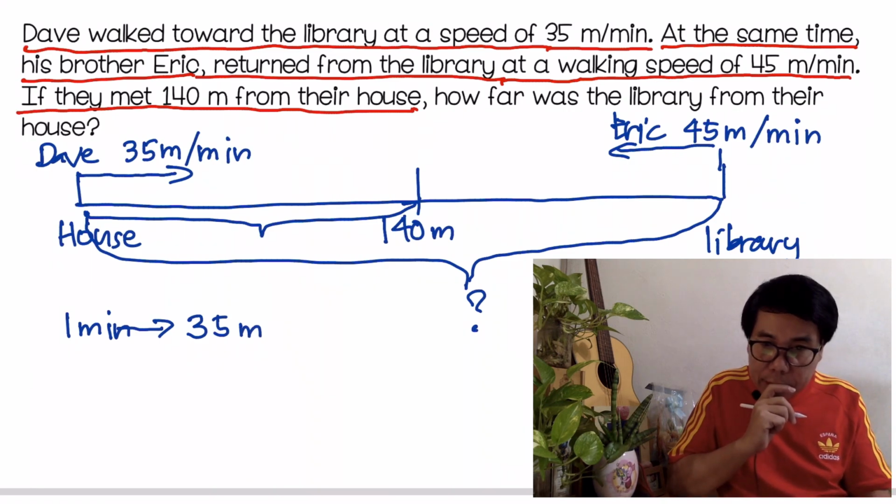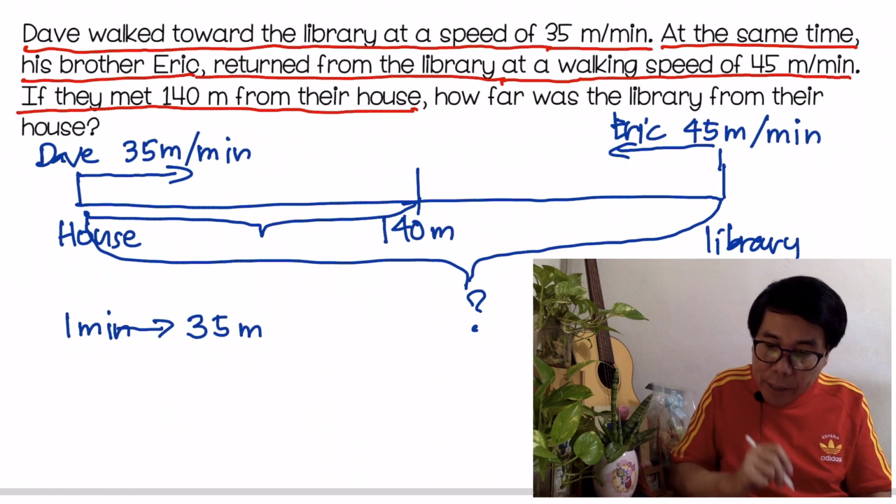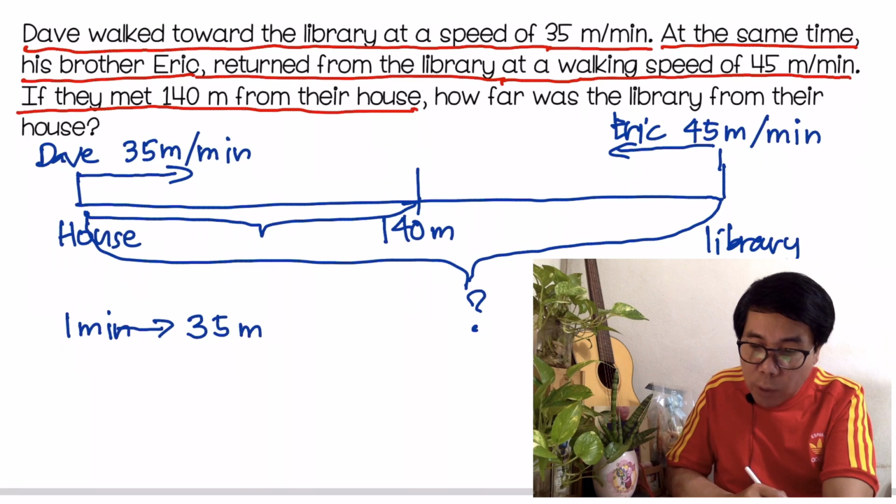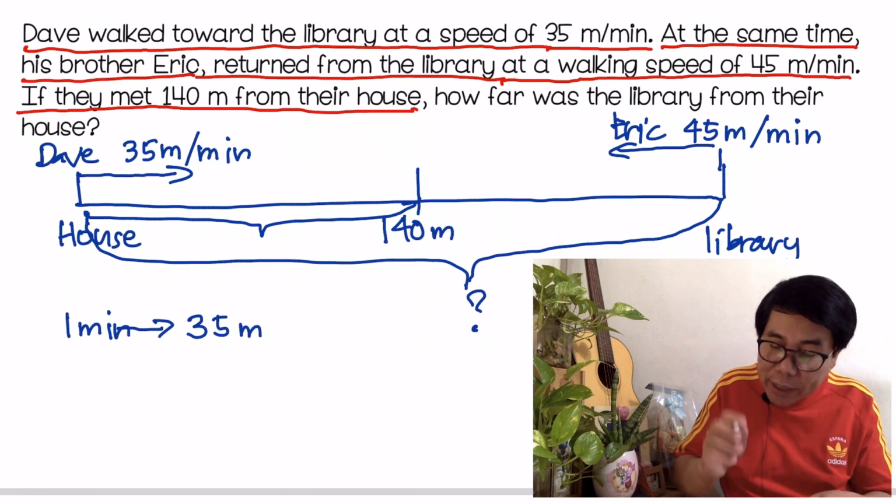That is the speed for Dave. Now let's find out how many minutes Dave spent to travel 140 meters.